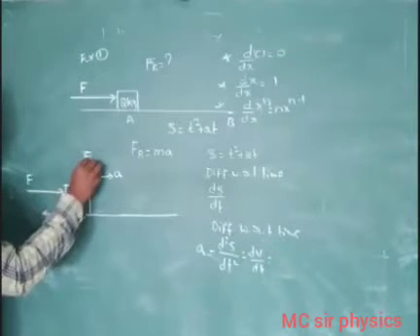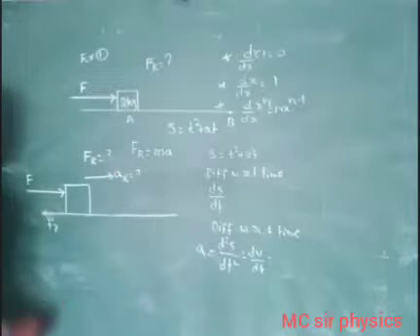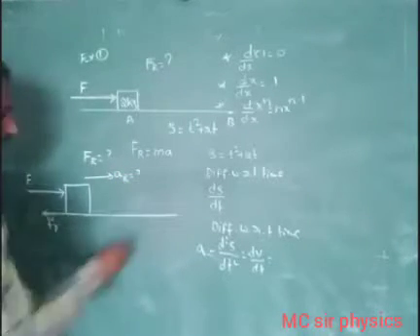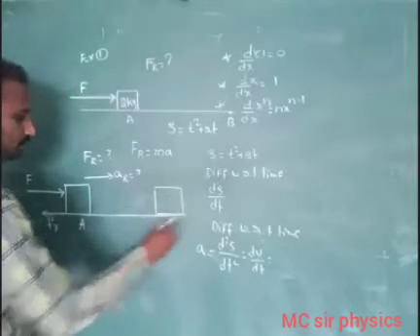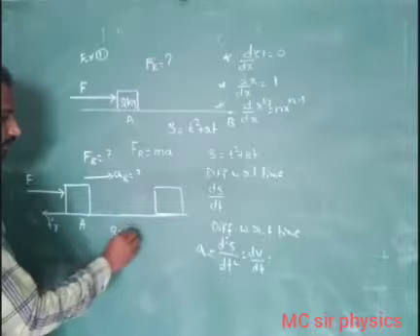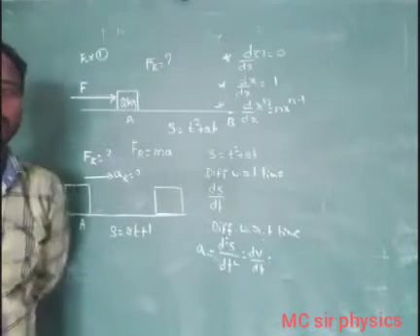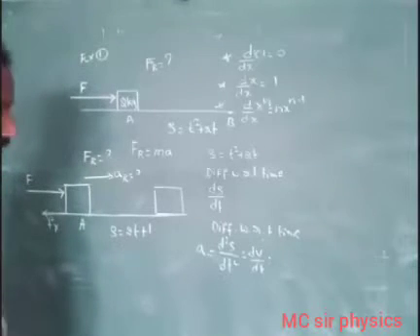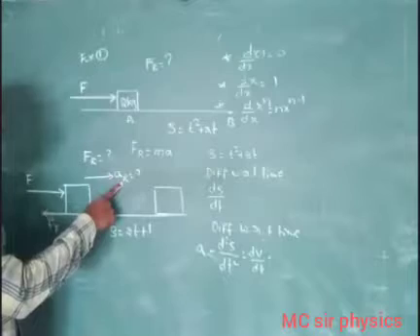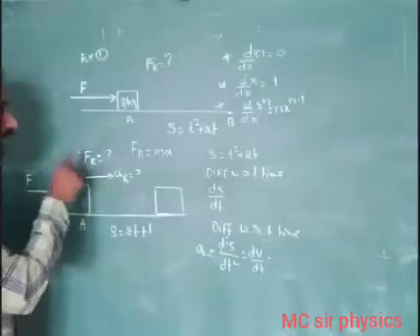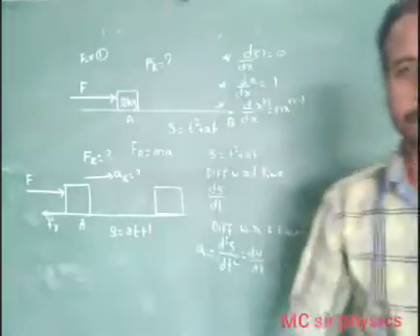Find the resultant force and the resultant acceleration. Here the displacement covered by the body is S equals 2t plus 1. Find the resultant acceleration, and next find the resultant force.